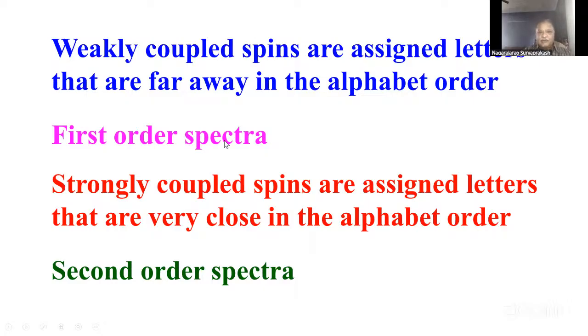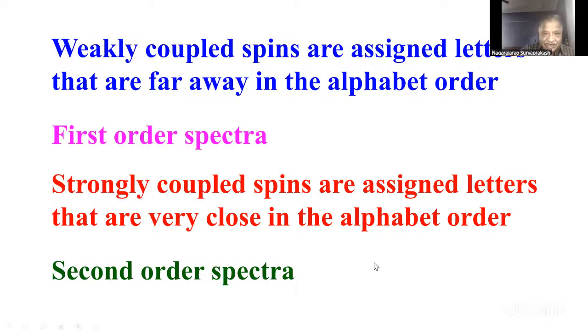First order spectra are easy to interpret. Straightforward analysis is possible. Looking at the spectrum, I can tell you what is the chemical shift of each spin, what is the coupling constant. Everything I can measure very easily.